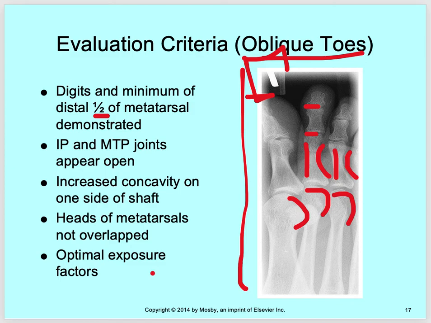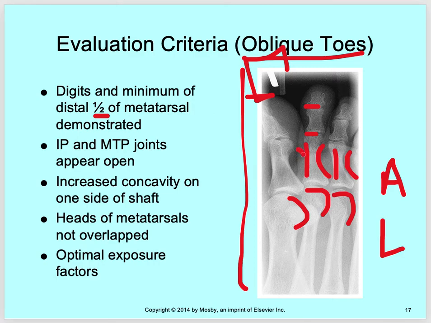And then optimal exposure factors. So if they start laying over top of one another more, then you're too lateral. So more overlap means it's more lateral. Less overlap means it's more AP. So the straighter this line here becomes, the more AP it looks.